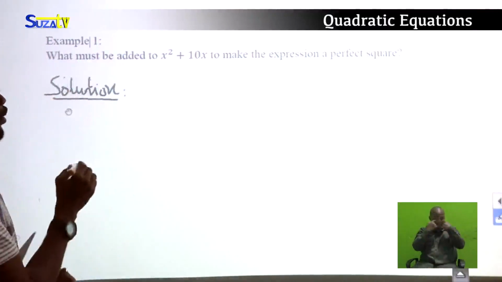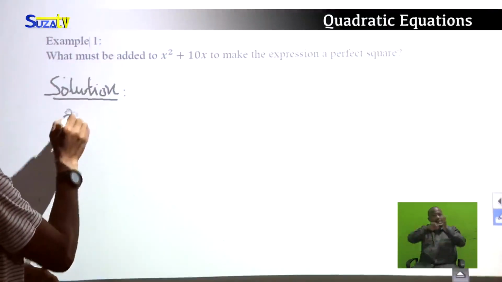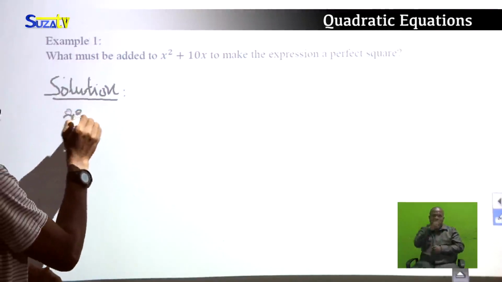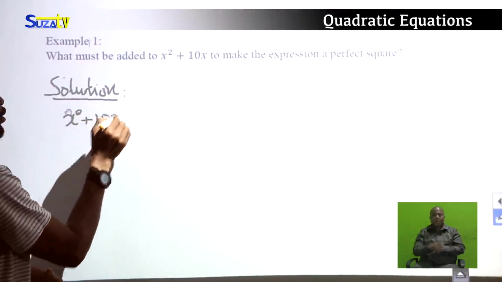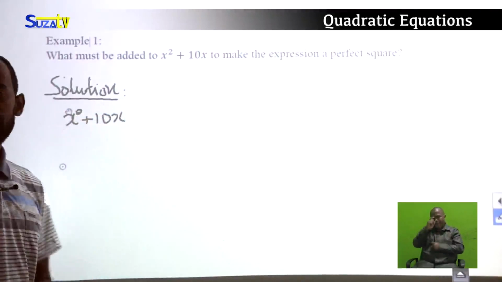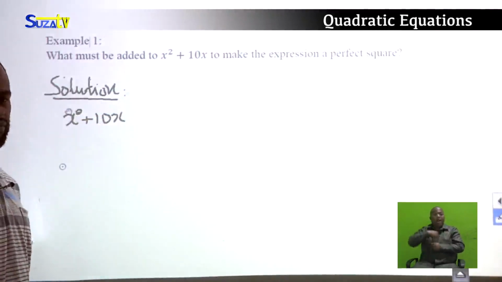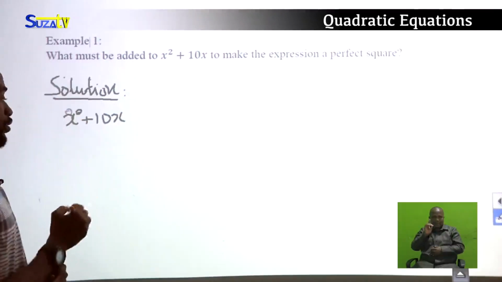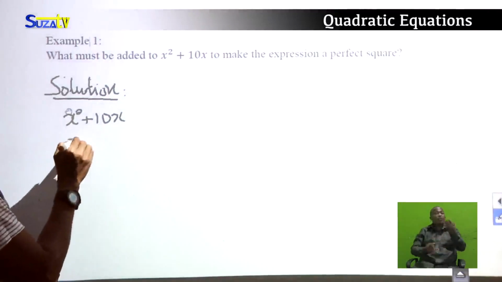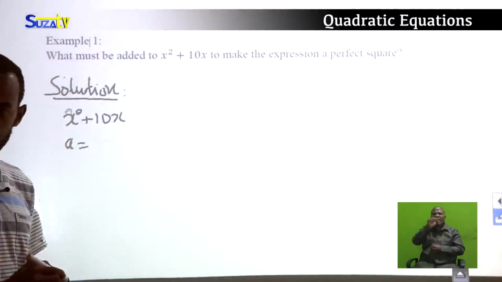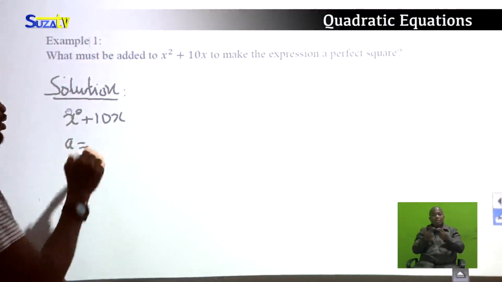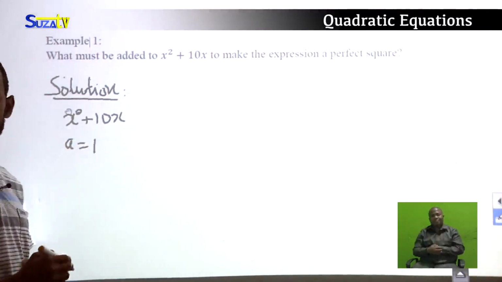From our example here, it says x squared plus 10x. This is our quadratic expression. So from here, what is a? a is equal to 1.